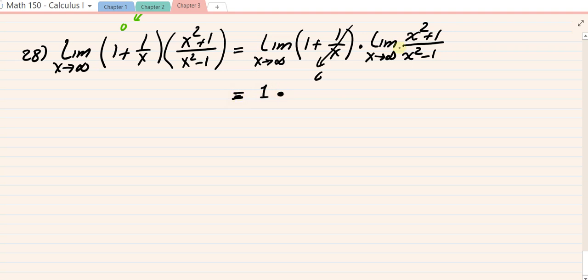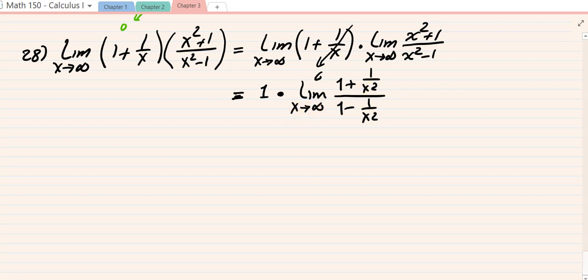Times, now for the second limit, let's do what we just did in number 22. I'm going to divide the top and bottom by x squared, everything divided by x squared, as x goes to infinity.